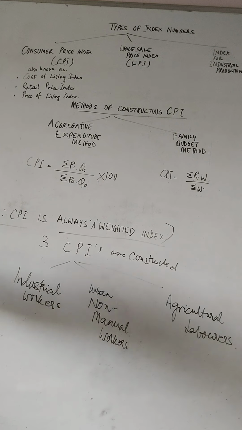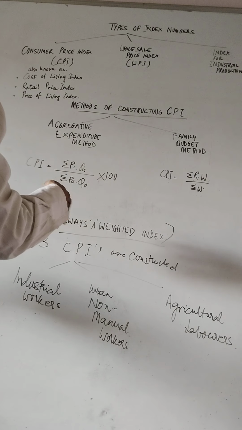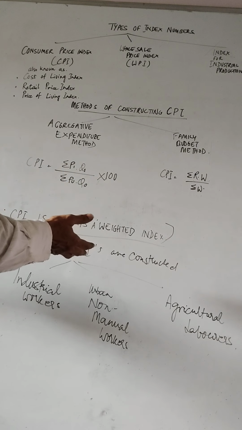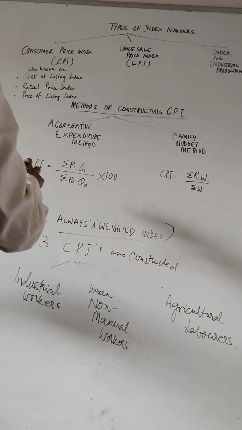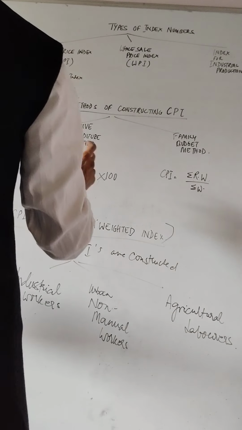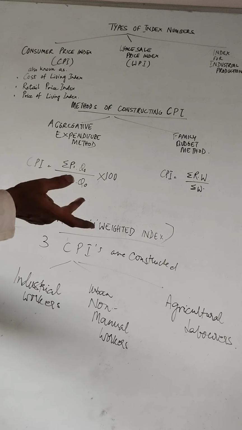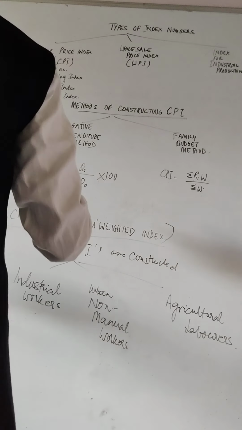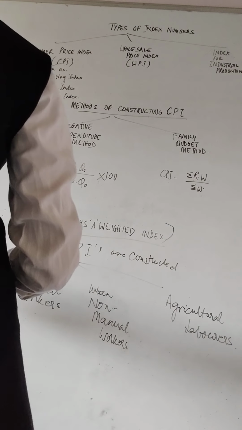The scope of the index must be clearly defined. For example, when we talk of teachers, we are referring to primary teachers, secondary level teachers, etc., all the teachers taken together. Along with the class of people, it is also required to cover the geographical area. Index numbers differ from time to time, place to place, and person to person also. So you have to keep that in mind when we are constructing an index number.